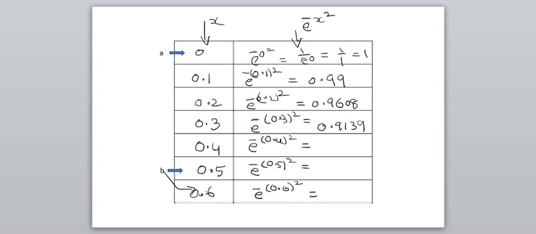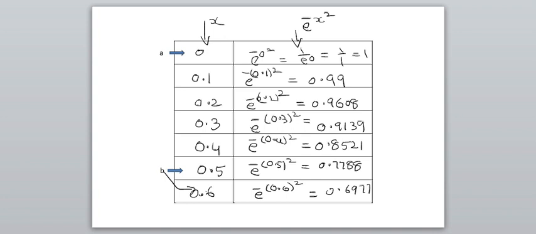The next is 0.8521, then 0.7788, and the next value is 0.6977.